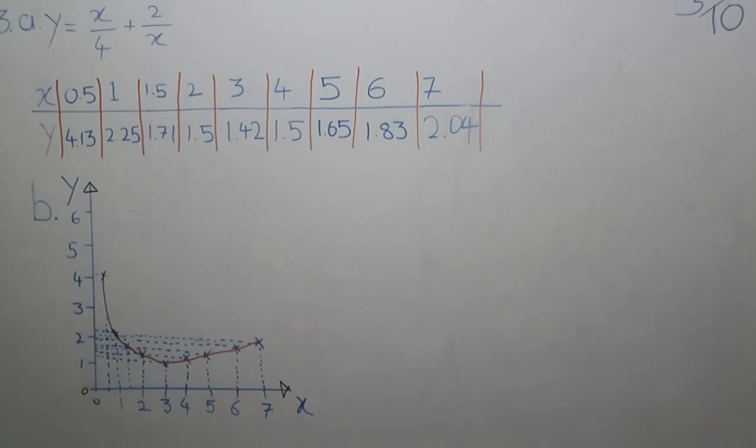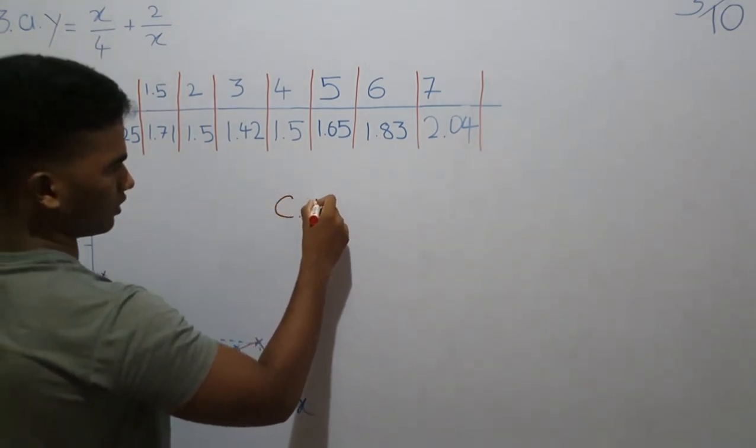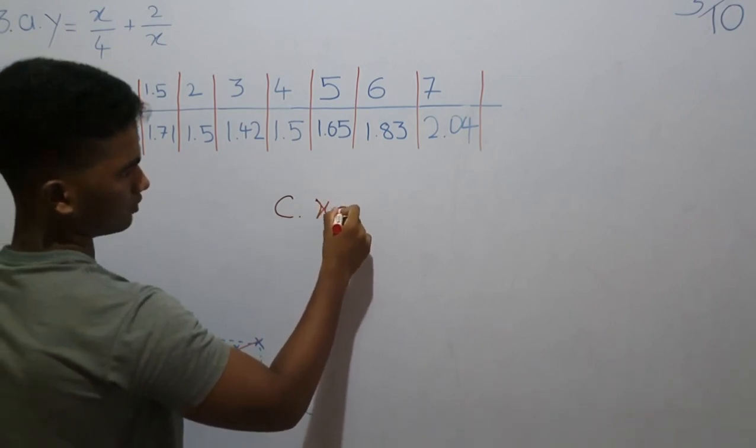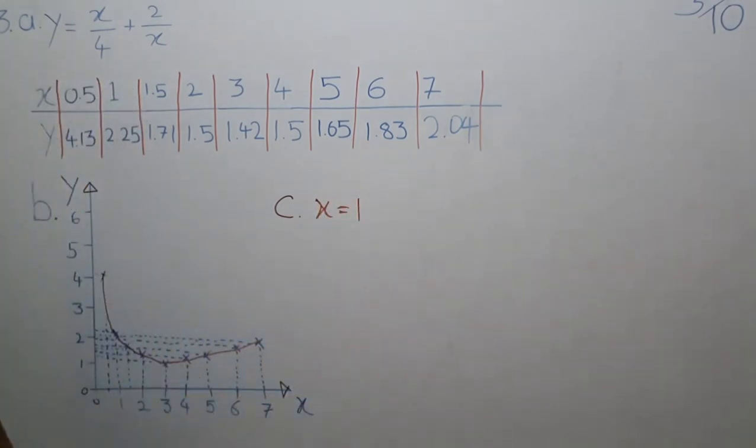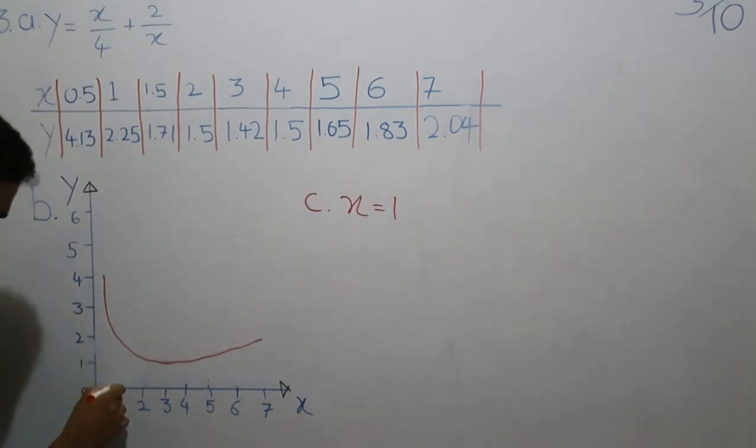So the next question is part C. Part C, by drawing a tangent, estimate the gradient of this graph when x equals 1. So draw the tangent at x equals 1.